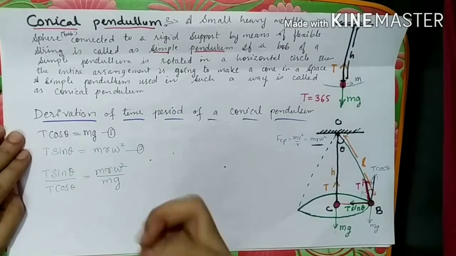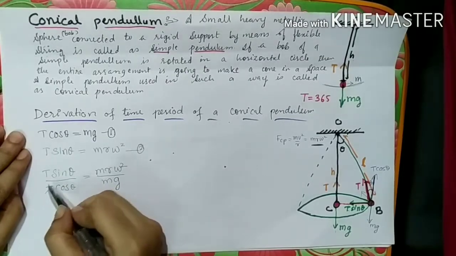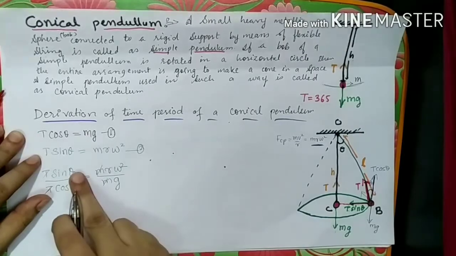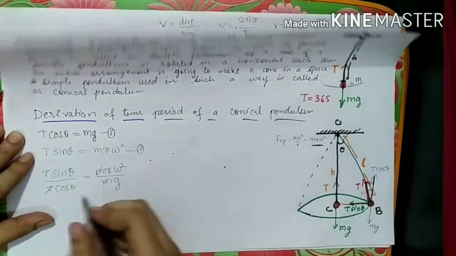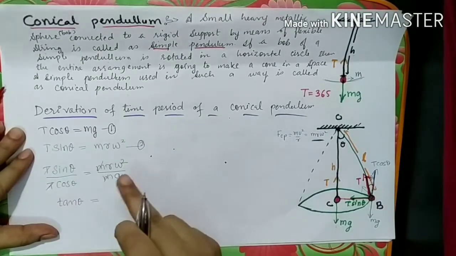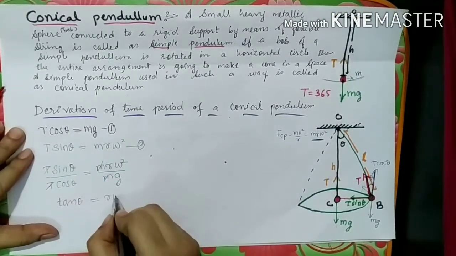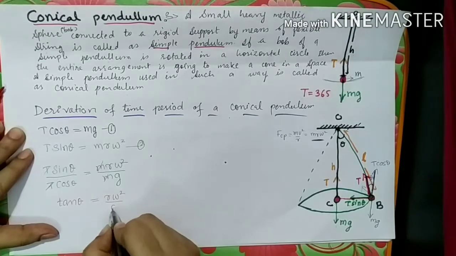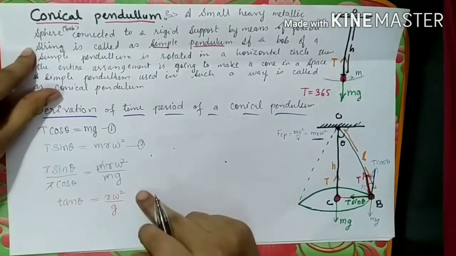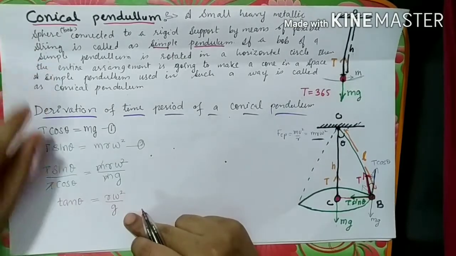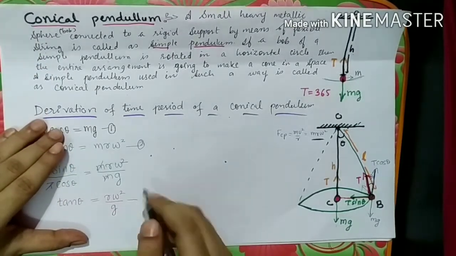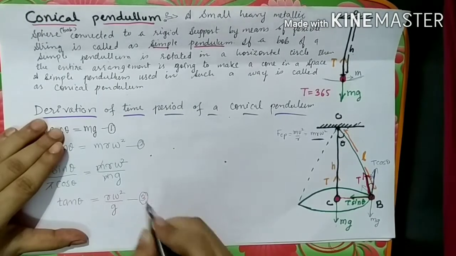See here, T will get cancelled, and sin theta upon cos theta will become tan theta, equal to r omega square upon g. Give this one as equation number 3.